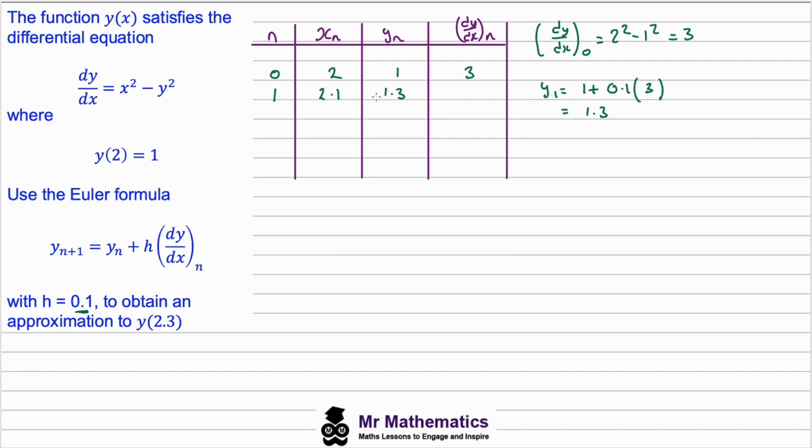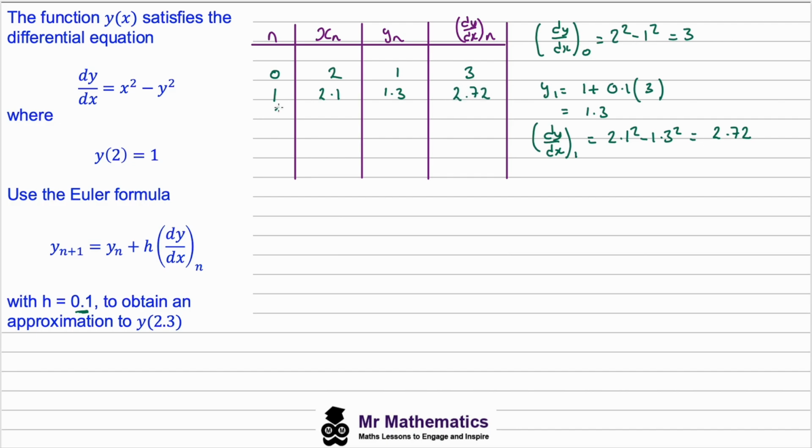We'll substitute each of these into our gradient function. So dy by dx, when n is 1, will be 2.1 squared minus 1.3 squared. And this will give us 2.72. We'll put this into our table.